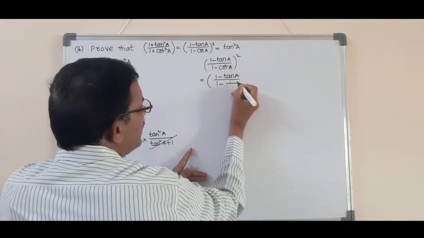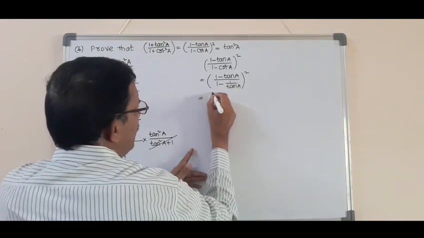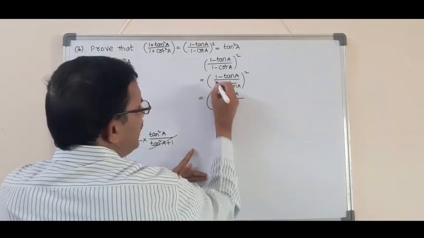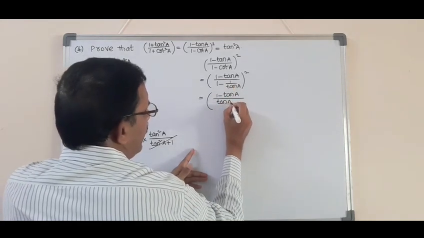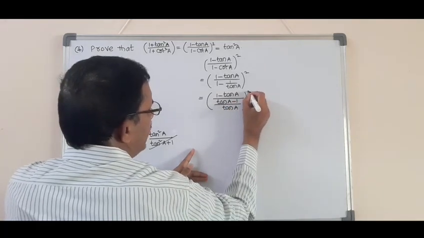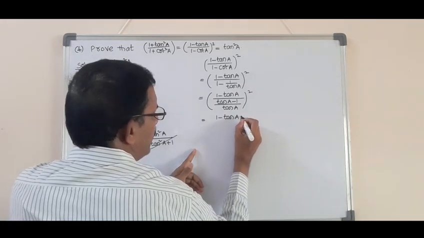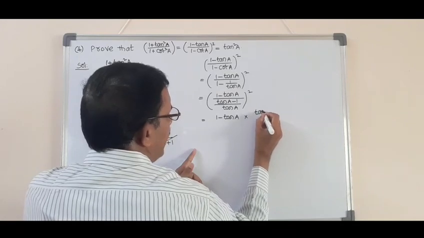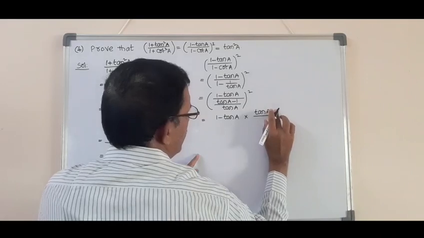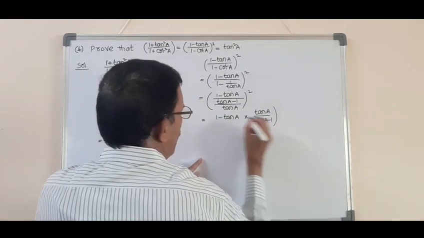I am writing cot as 1 by tan, whole square, that is equal to (1 minus tan A) by, taking LCM, (tan A minus 1) by tan A, whole square. This is equal to (1 minus tan A) into tan A by (tan A minus 1) whole square.